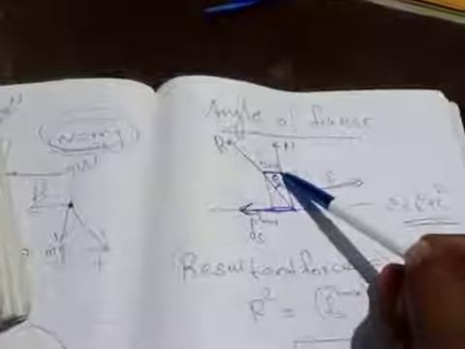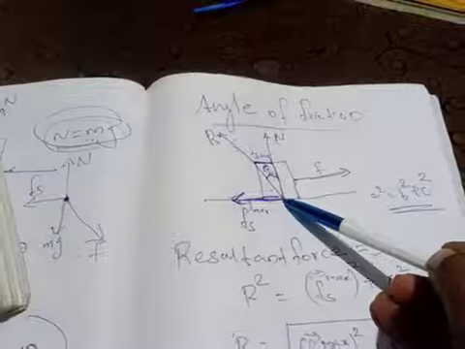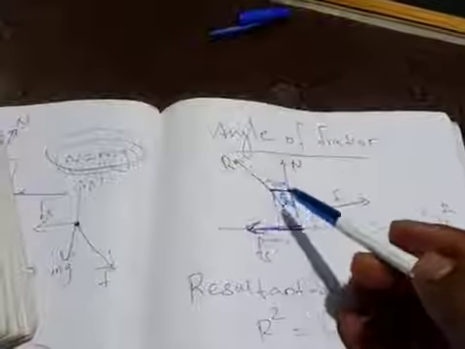So tan theta I am taking, tan theta is equal to opposite side by adjacent side. So this is a theta, this is opposite side, and this opposite side is same as the maximum frictional force side, this side. So here we can put Fs maximum, and you know this thing, this is a normal force, this is the adjacent side.